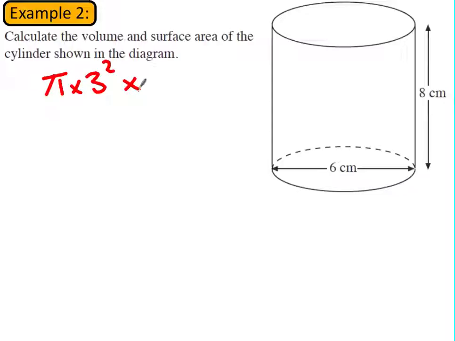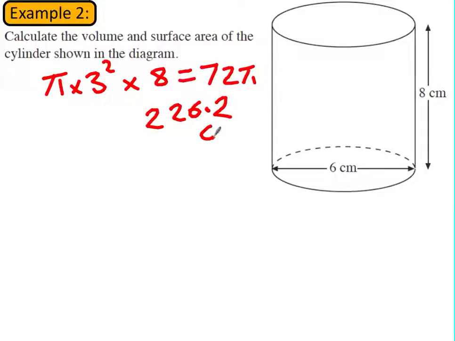So we're going to get that answer and times it by 8. So if I do pi times 3 squared times 8, I, of course, am going to get 72 pi. Converting that into a decimal is 226.2.